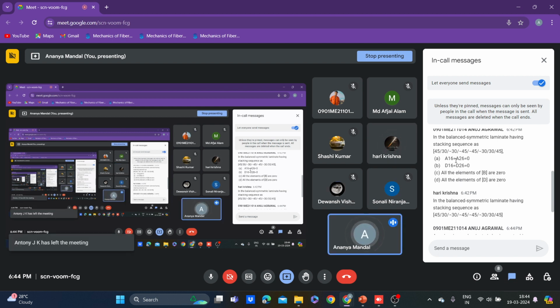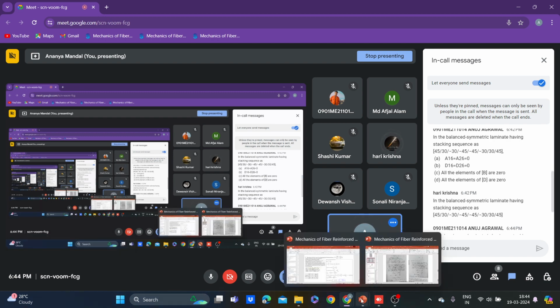So consider option A, but the B matrix should also be 0 because it is symmetric. Let me see.